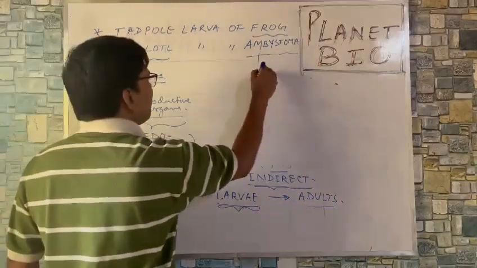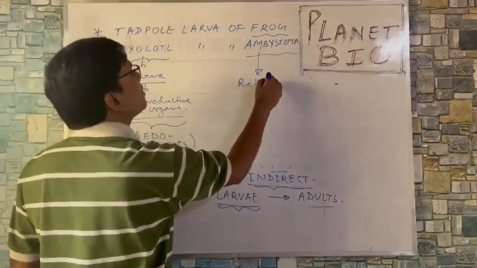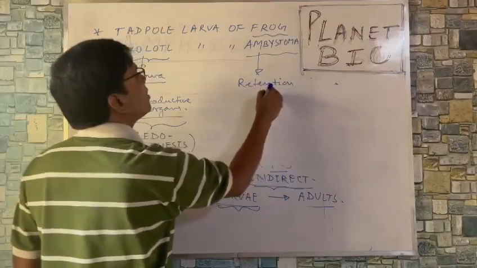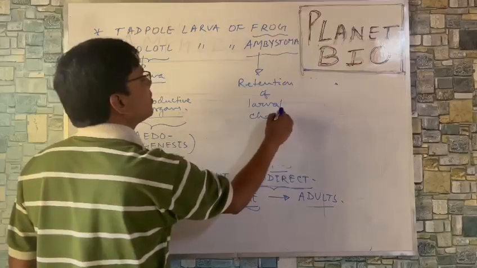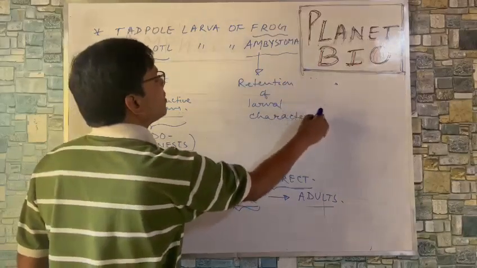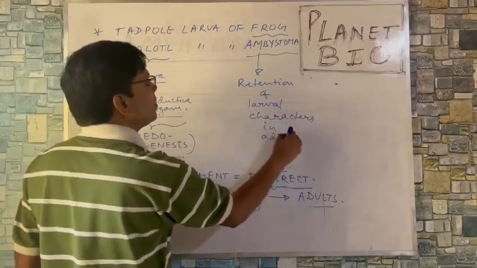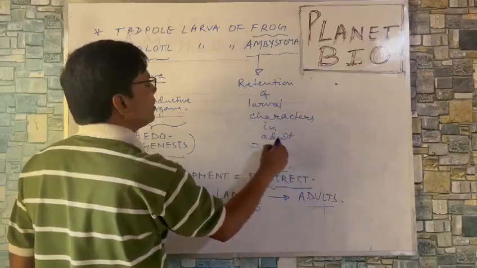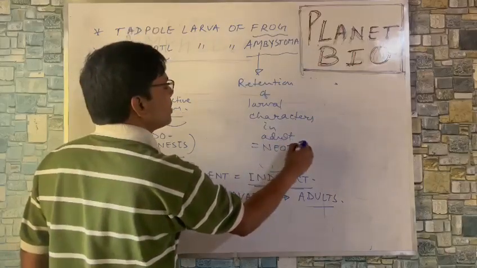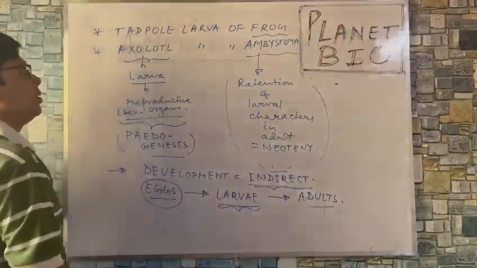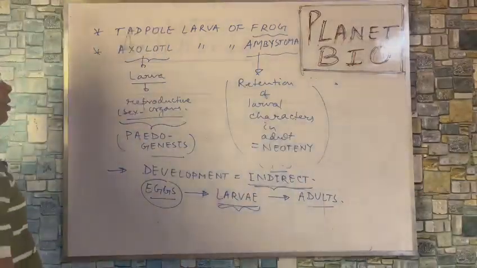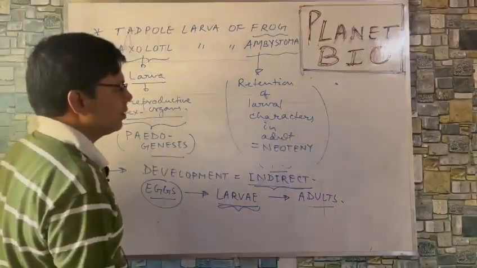And the retention of larval characters in adults is called neoteny. So this is a special condition you can note down. Ambystoma is a salamander.